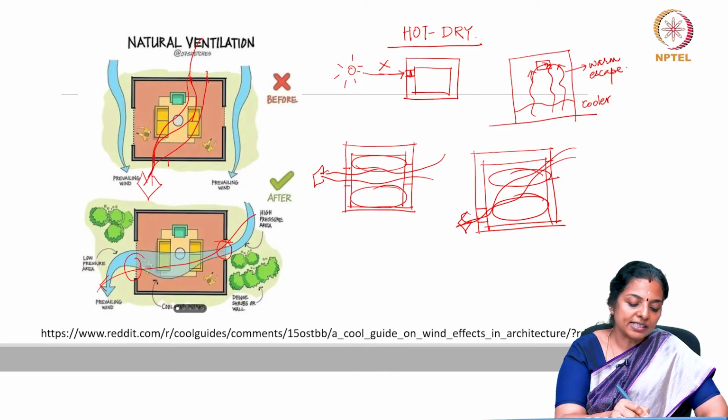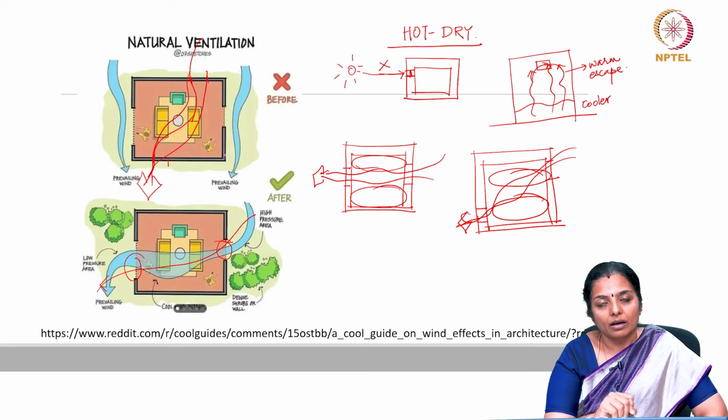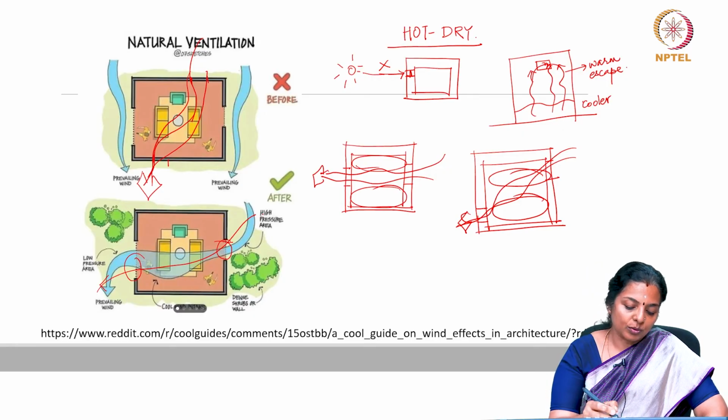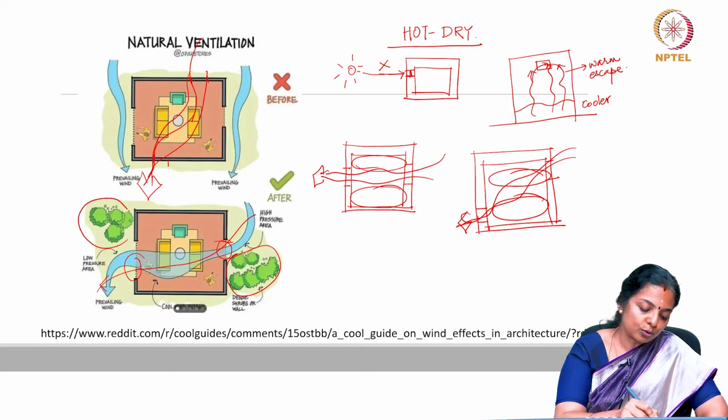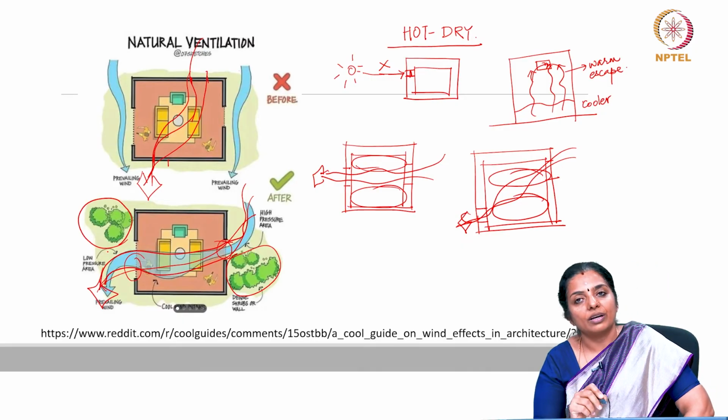Now, this place remains unventilated because it is along the wind path. Whereas here you can see that vegetation has been used to divert the wind, and therefore the wind which comes here gets diverted through the building, causing a good amount of ventilation.